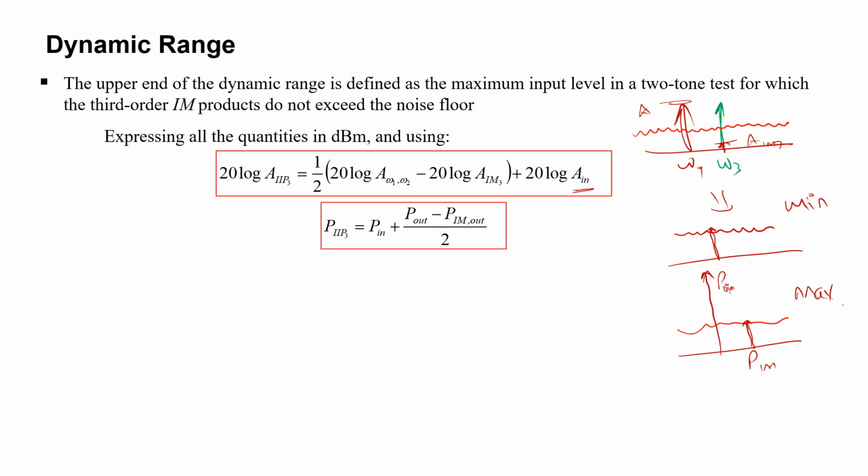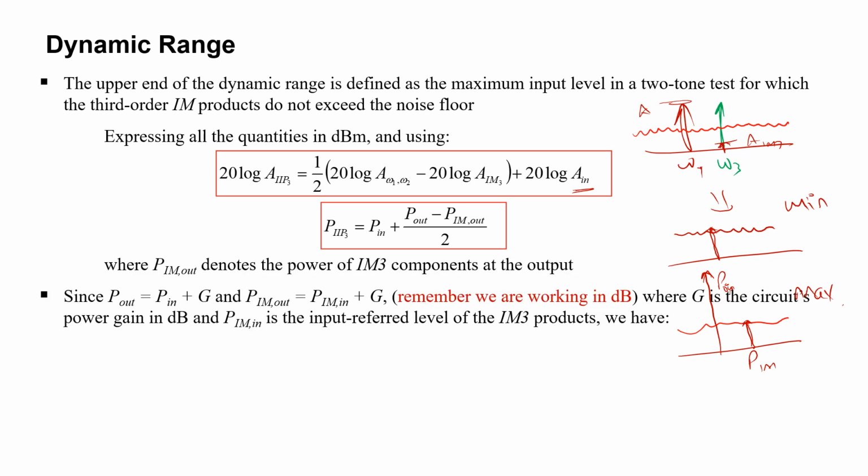So in terms of power, PIIP3 is equal to P in plus P out minus PIM3 out, divided by 2, where PIM out denotes the power of the IP3 component at the output that we have just seen.